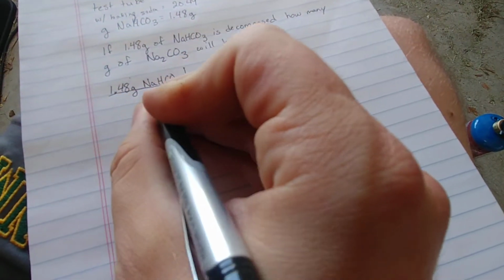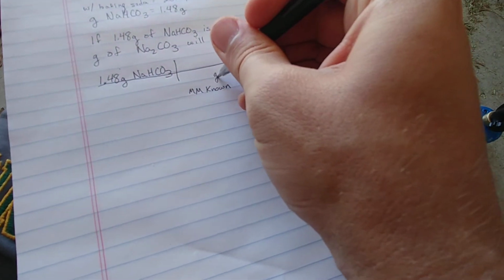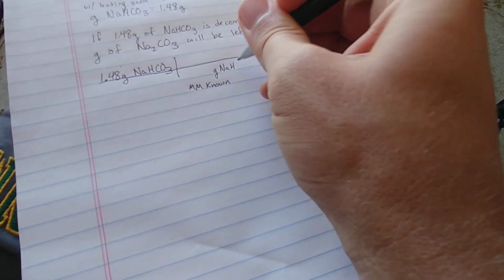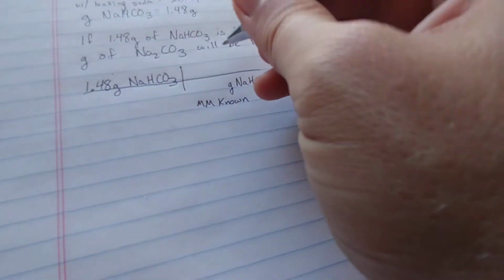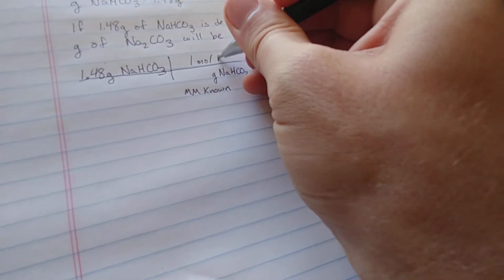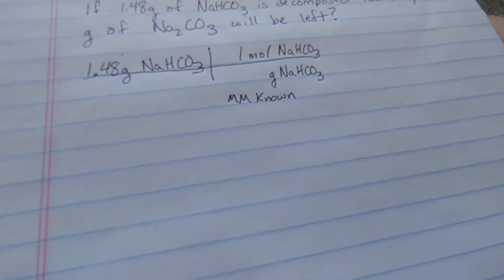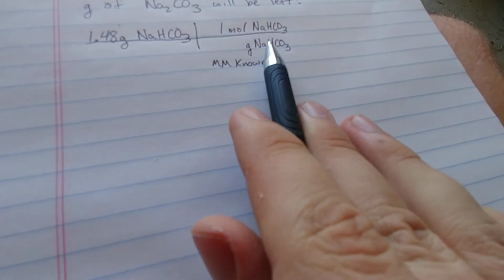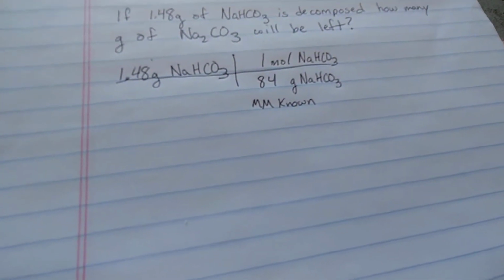Okay, since there's grams of sodium carbonate down here, we're going to put grams of sodium bicarbonate down here, or hydrogen carbonate, whatever it is. Okay, and then we'll have 1 mole of NaHCO3 on the top there. Now when we add that up, we'll take the 23 from sodium, add 1, add 12, and add 48. So we should get 84 grams out of that, like we did with our last example.